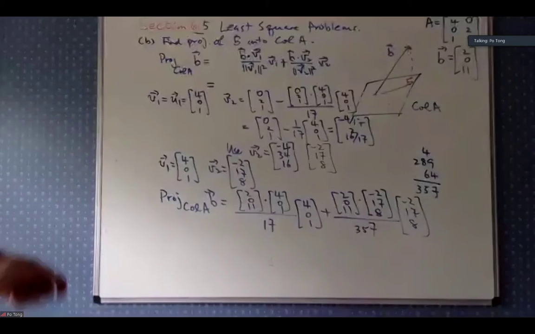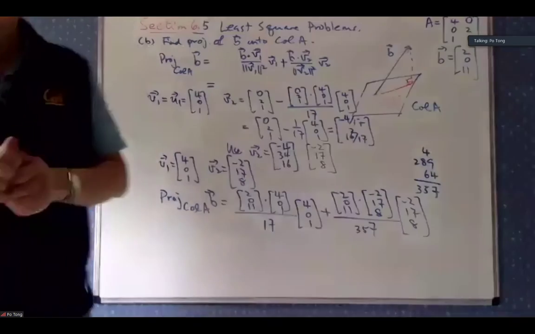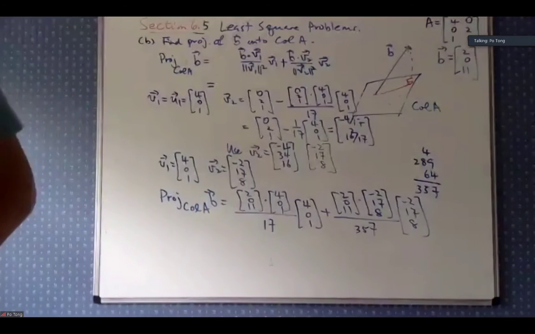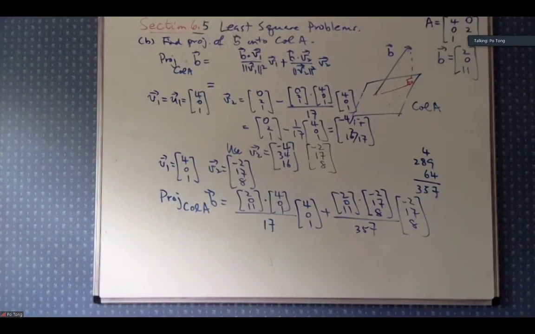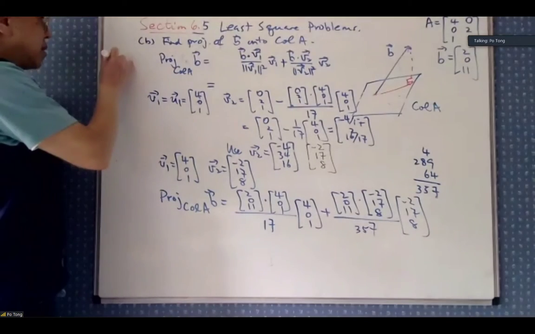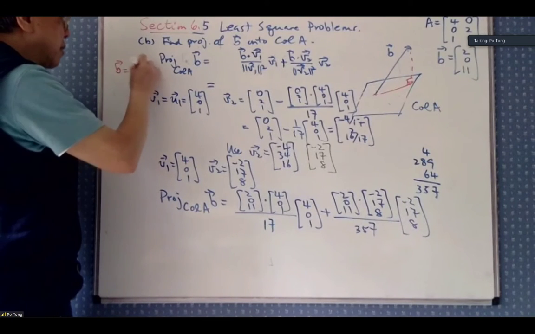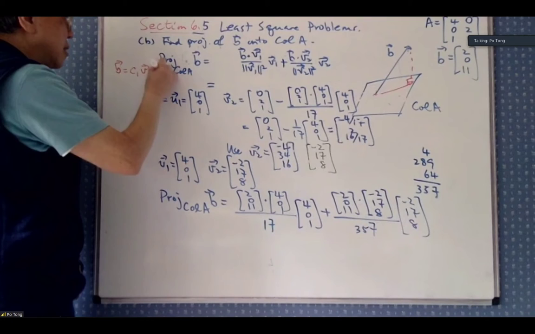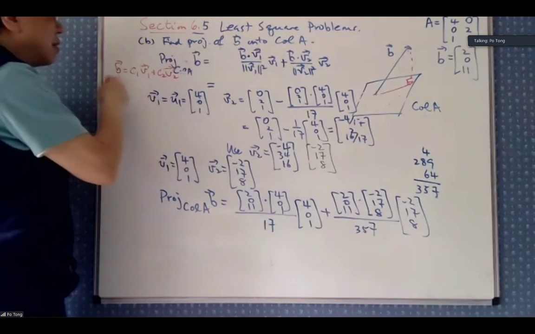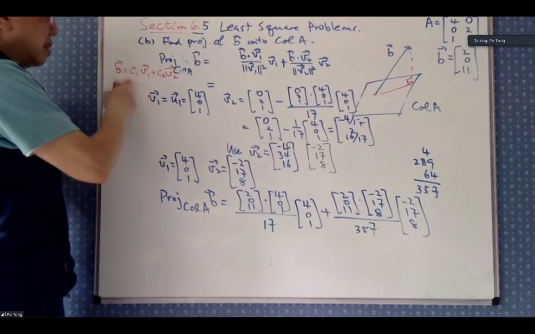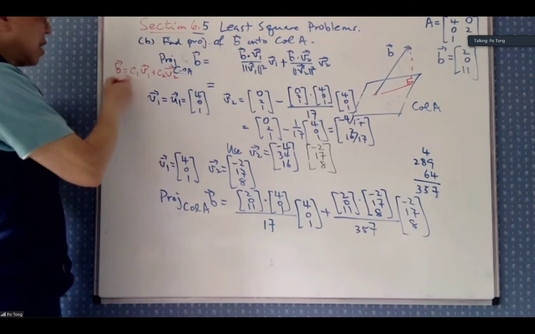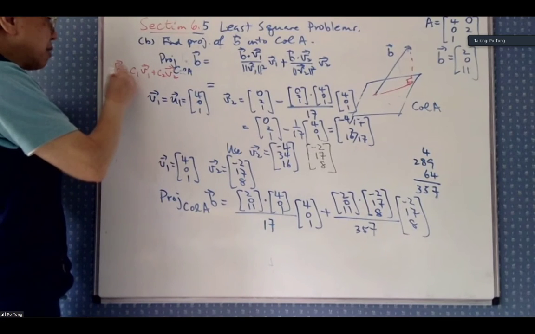Okay, so the reason for this is the following. Let me explain that step. Hopefully it's coming back to you, okay? The reason for that is this. B is equal to C1 V1 plus C2 V2. Okay, then you dot both sides. We used this before.